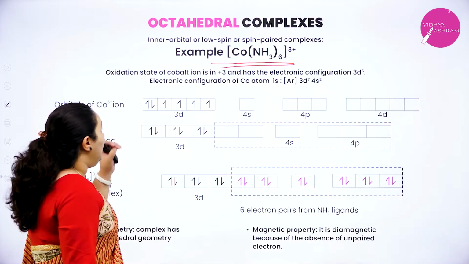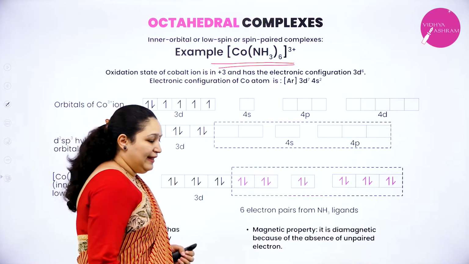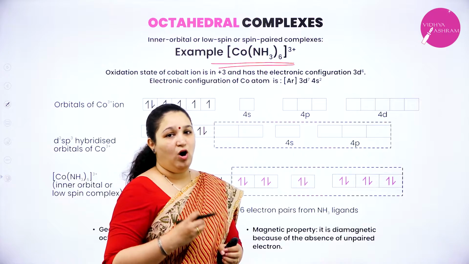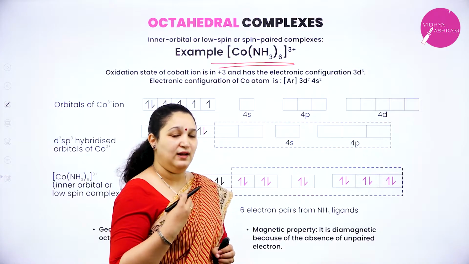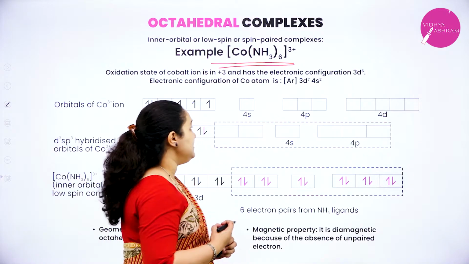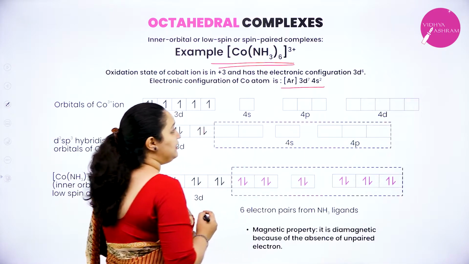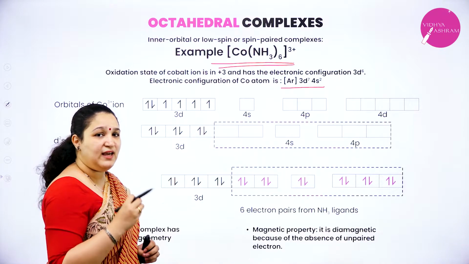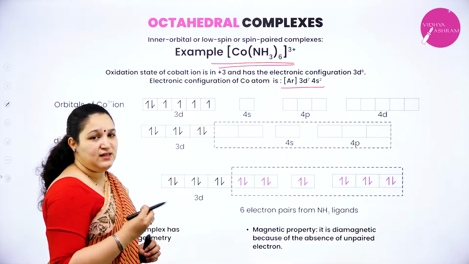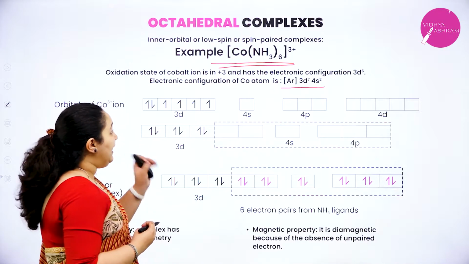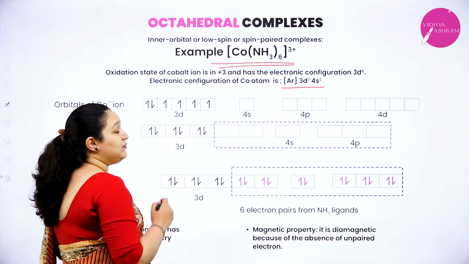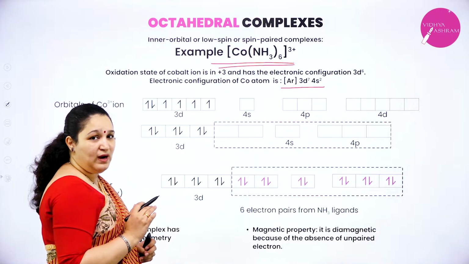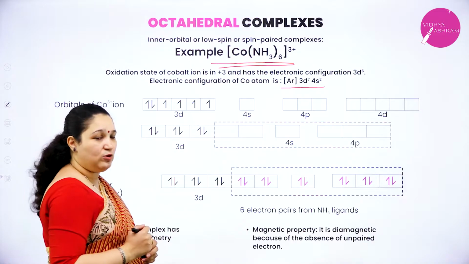Now, the electronic configuration of the cobalt metal atom is argon 3d7 4s2, because it has the atomic number 27. In this particular complex, we will calculate the oxidation number of cobalt.